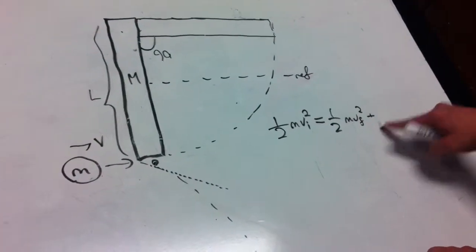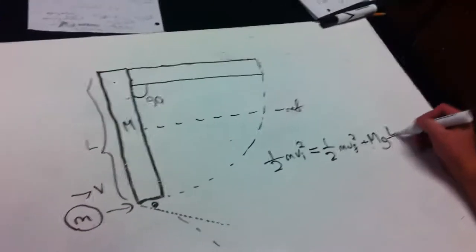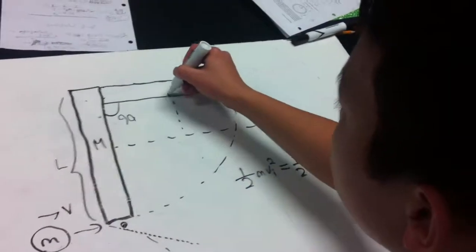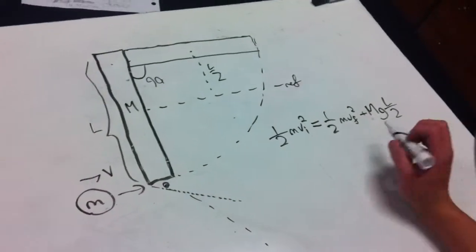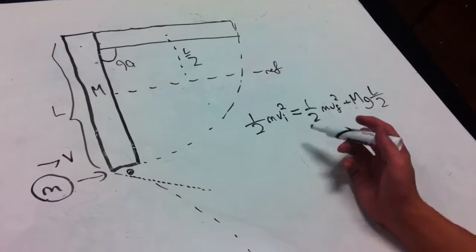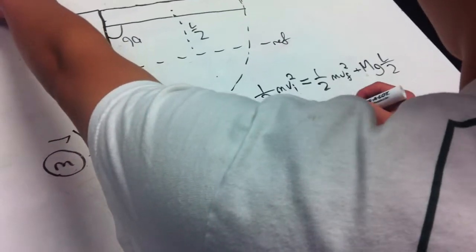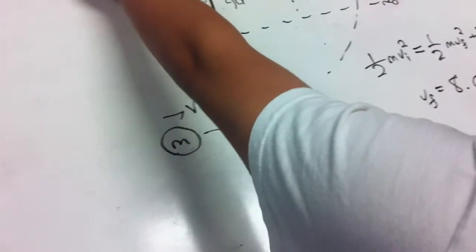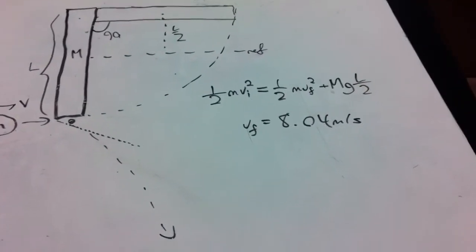This is big M. And h is L over 2. Solving this equation for v final, because we know everything else, we find that, okay, so just solve for v final and you get this. Great.